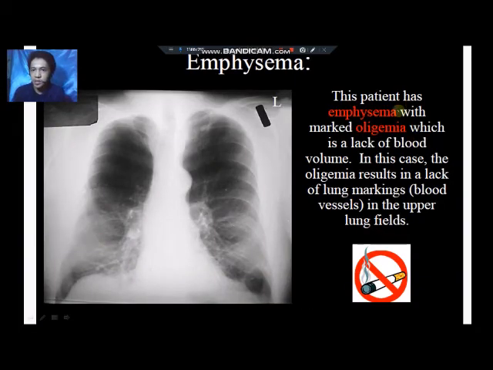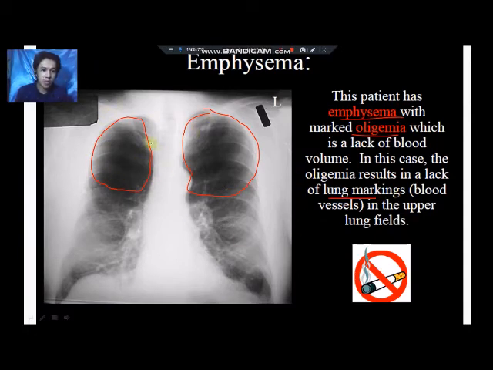So this patient has emphysema and marked oligemia, which is a lack of blood volume. In this case, oligemia results in a lack of lung markings. As you can observe in this portion of the lungs, the lung markings have almost disappeared. It is all black. That means the blood supply has been blocked off, so there is a lack of lung markings in the upper lung fields.